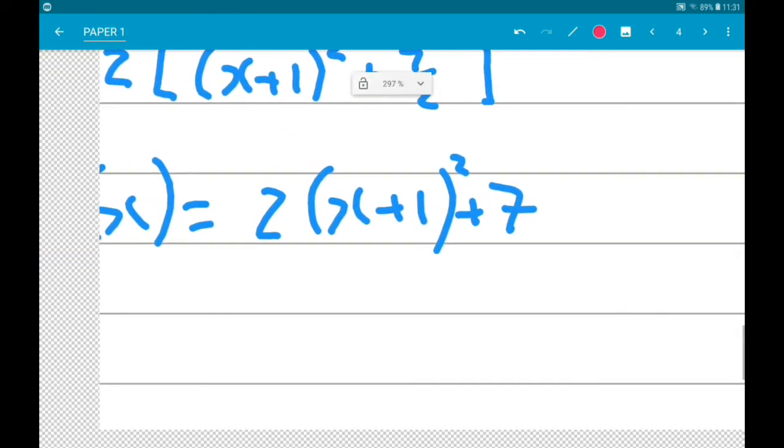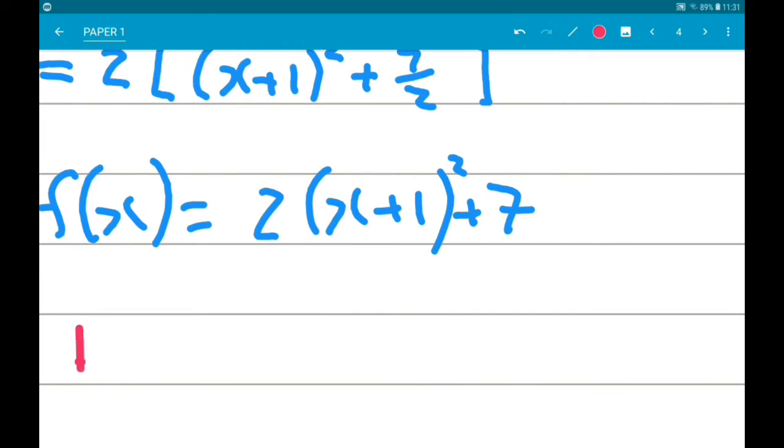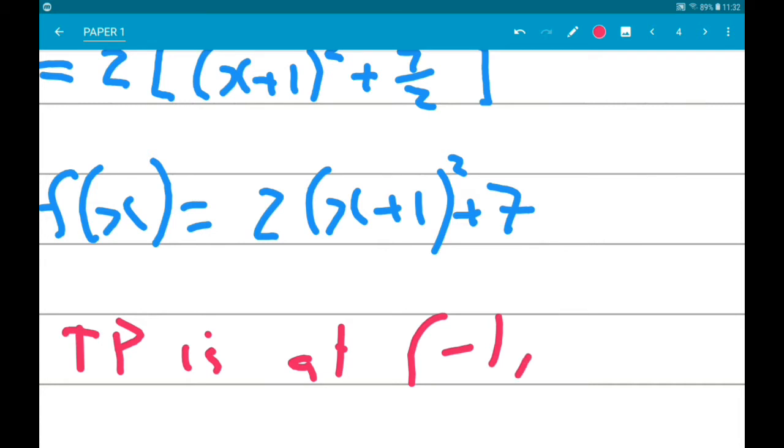So, the turning point is at, now the x coordinate is the negative of the number in the bracket, so minus 1, and the y coordinate is the number on the outside, so 7.